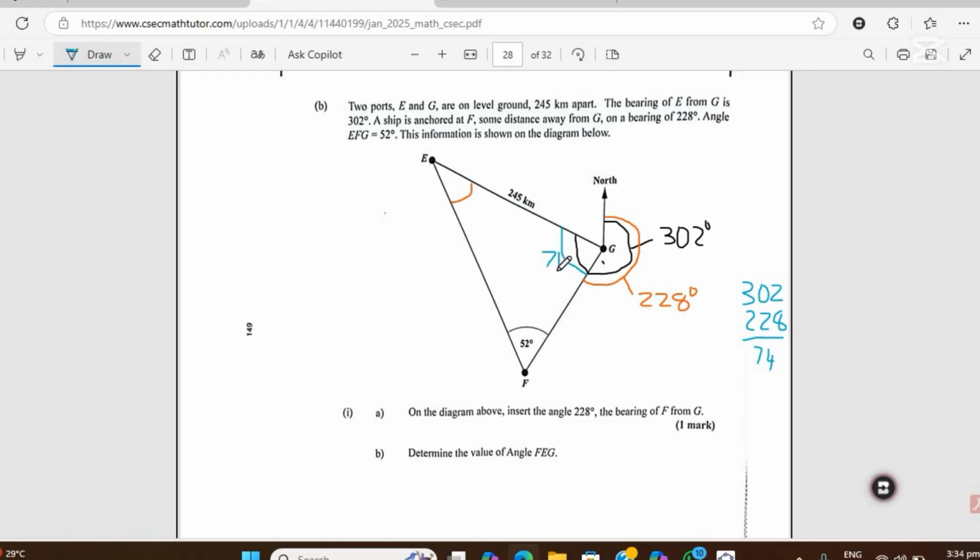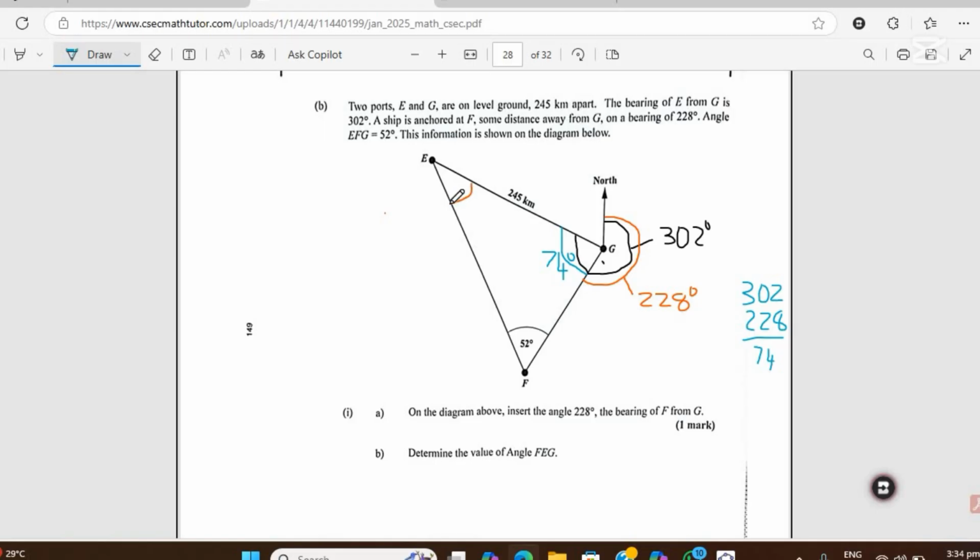Now, why did I need to find this angle in order to find the angle that they're asking me for? Why would I need this angle? Now, the angle that they're asking me for is inside the triangle that was formed. So it's an internal angle in the triangle.